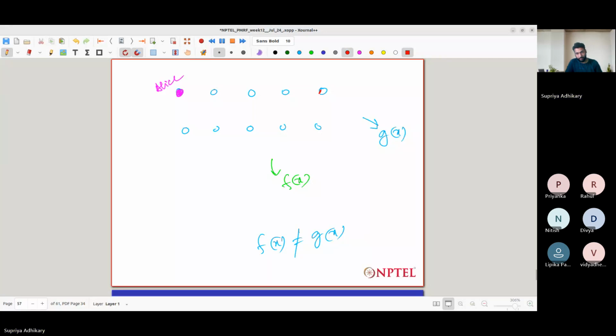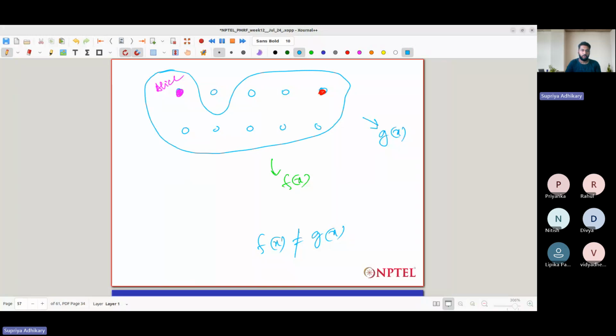But if one of the points is corrupted, this will give us some polynomial, let's say f1(x), since this is corrupted. Now, when we are excluding this point, this will again give us some other completely different polynomial, not the same.